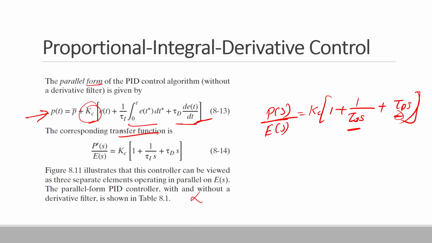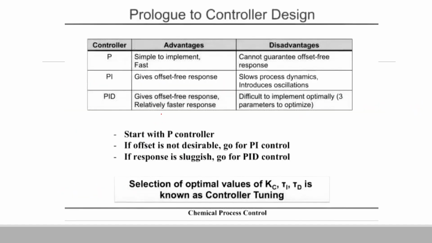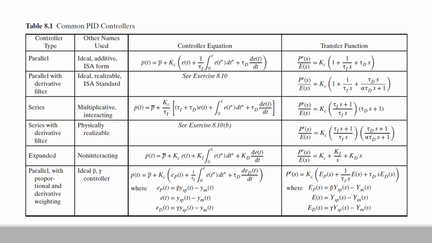There can be multiple forms of the PID controller also, and these are also forms of PID controllers, depending on how we define the control output equation. What we are studying right now is the parallel form, that is this form.